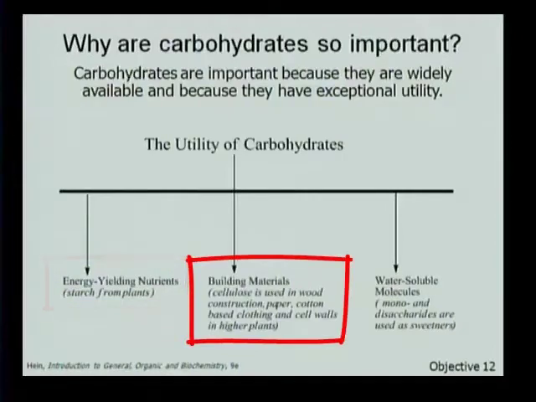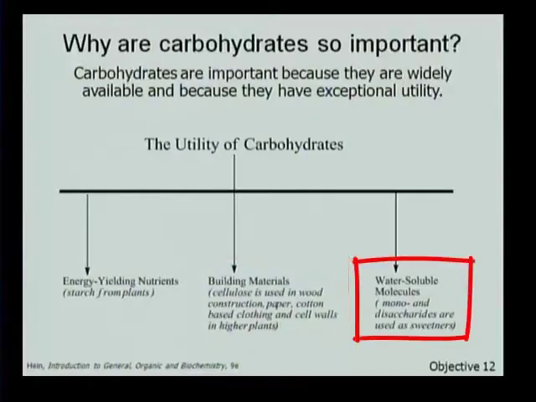They give us building materials. So cellulose, because it's not broken down, is used in wood construction, paper, cotton-based clothing, and cell walls in higher plants. And then water-soluble molecules are carbohydrates oftentimes, and so the mono- and disaccharides are used as sweeteners in some of the foods that we eat.